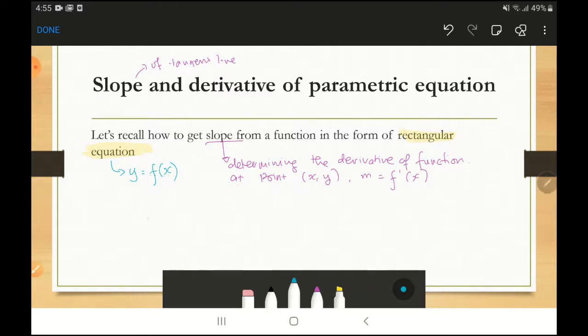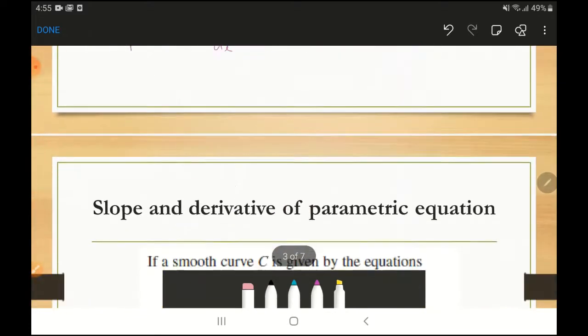We are determining the derivative, but the slope of the tangent line of a curve given in parametric equation is actually just the same, we want dy/dx. And what is it? Let's take a look.